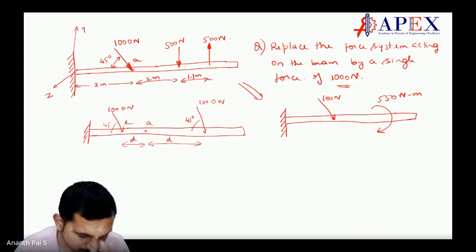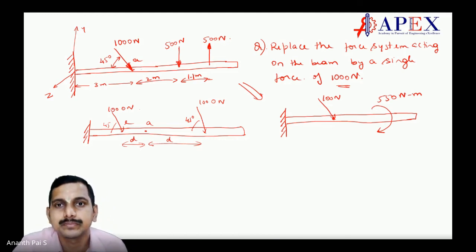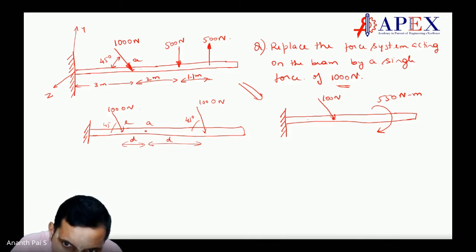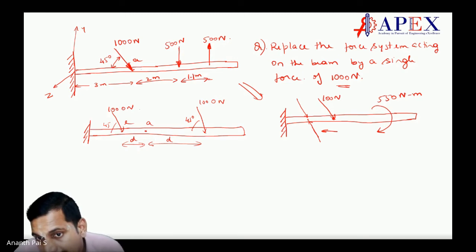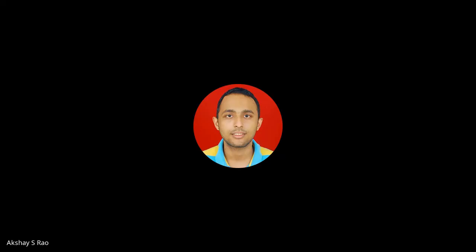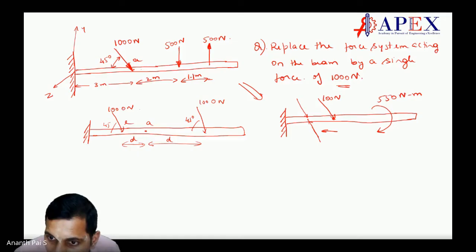Now this has to move in such a way that it will counteract this couple, correct? If it has to move for a distance so that it will counteract this couple, you must have a force over here and here. Now observe, when it is moved in this direction, it will have a couple direction, anti-clockwise, I'm sorry.